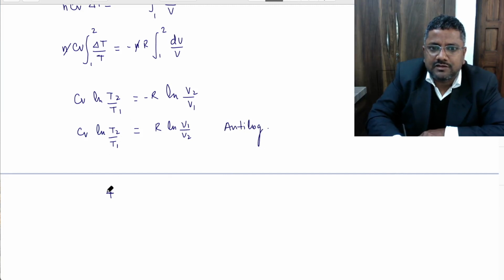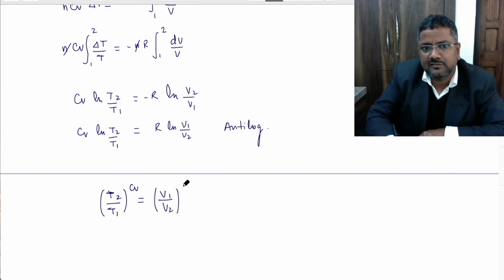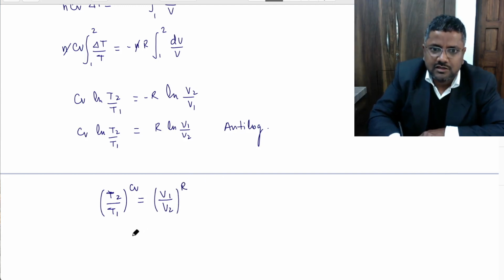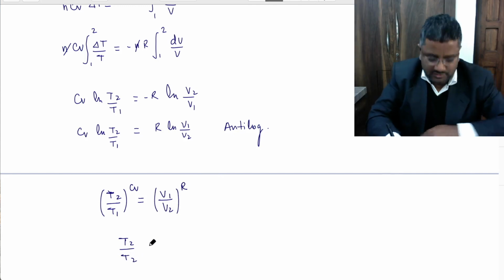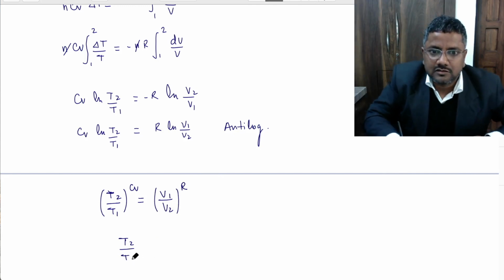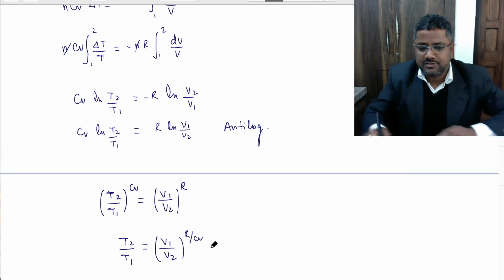T2 by T1 to the power C_V is equal to V1 by V2 to the power R. So T2 by T1 is equal to V1 by V2 to the power R by C_V, right?